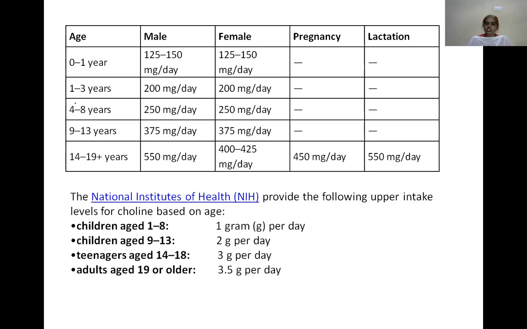Between 14 and 18 years, 3 grams per day. Adults above 19 and older require 3.5 grams per day. The upper table shows milligrams per day, but here it shows grams per day.